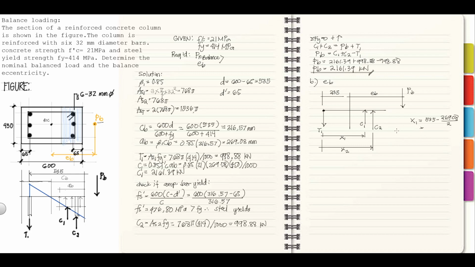Nanggaling ito sa D minus A all over 2. So that is 535 minus 269.08 all over 2. So we will get the distance of 400.46 as your X1.